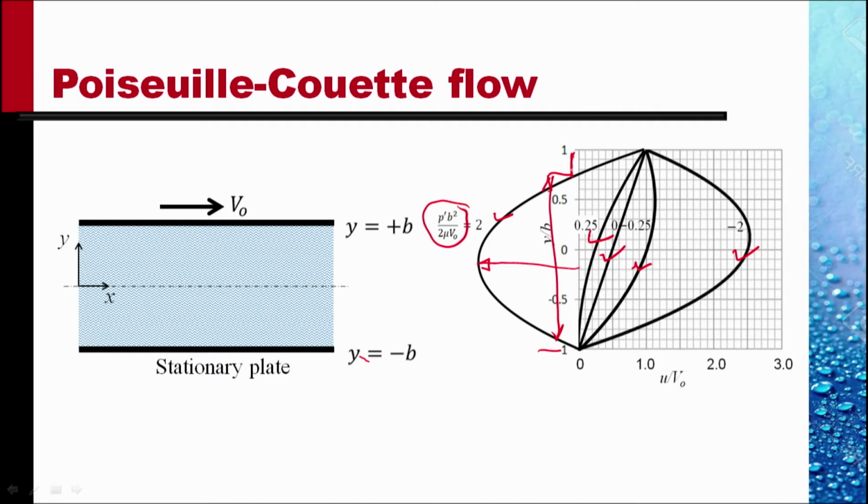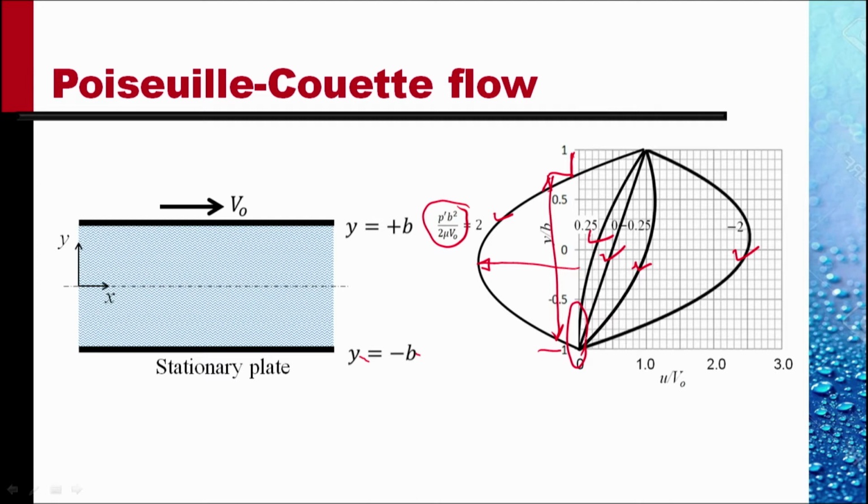The profile with the pressure coefficient of plus 0.25 has a special value, and that is the shear stress at the lower plate is 0. Delta u by delta y is 0 at the lower plate.